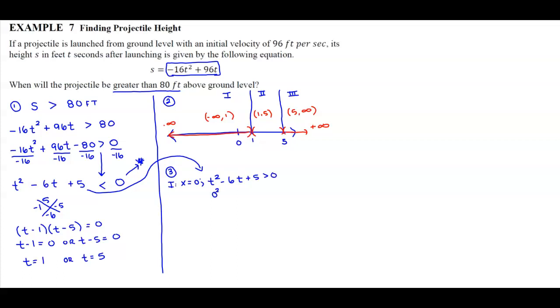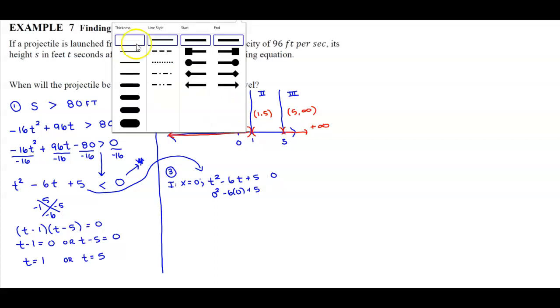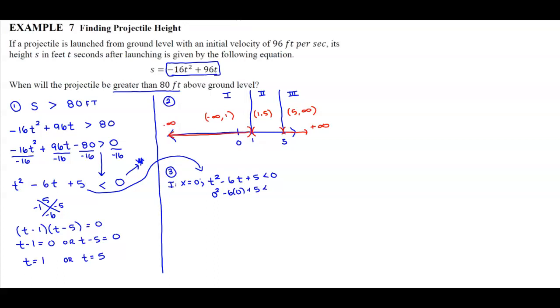So we have 0 squared minus 6 times 0 plus 5, less than 0. And so is 5 less than 0? Well, that is false. So it's false for region number 1.